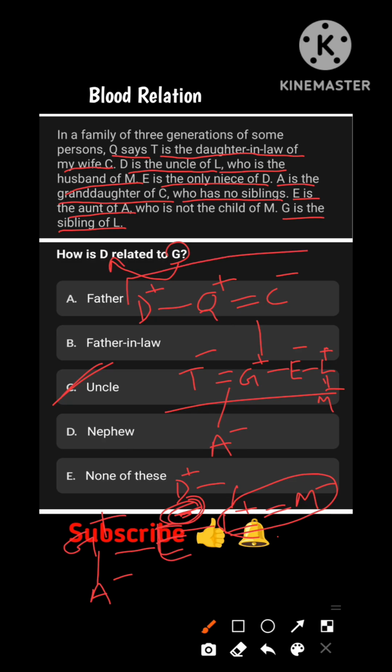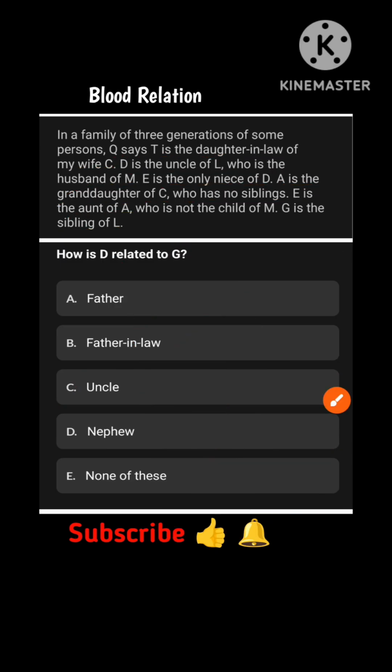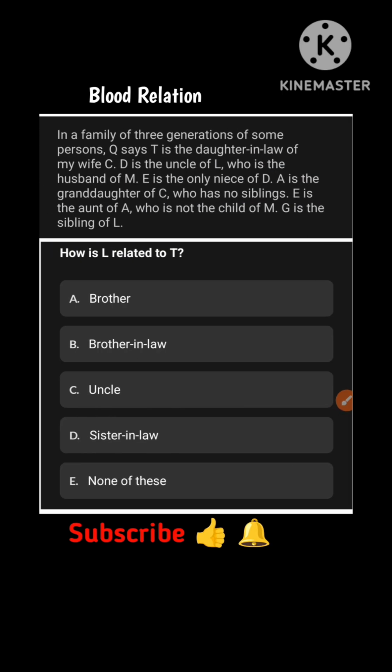So please try to remember this table. I am going to erase it. You need to remember this for the second and third questions. For T, what is the relation of L?